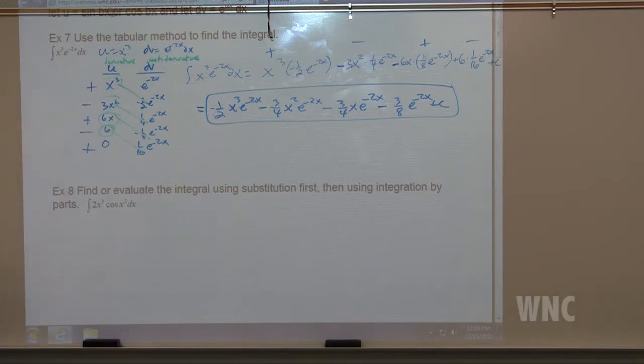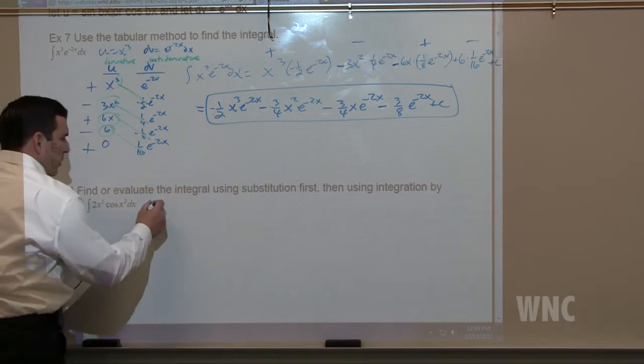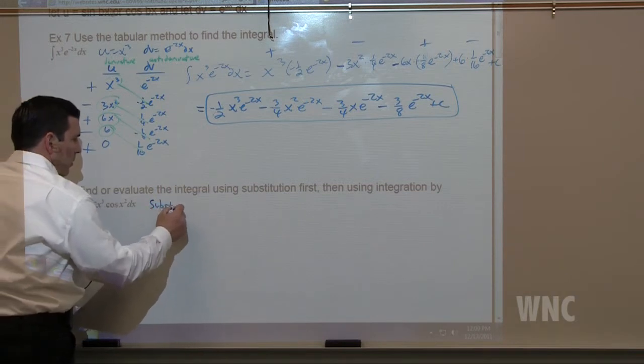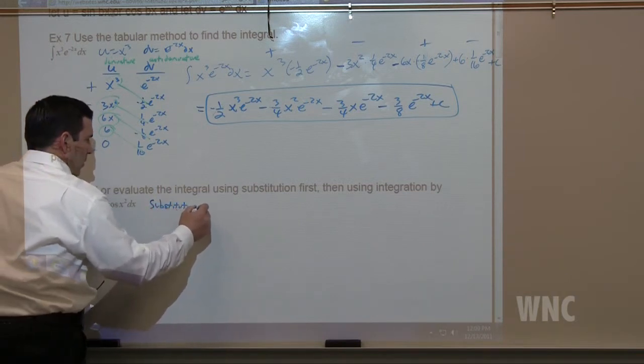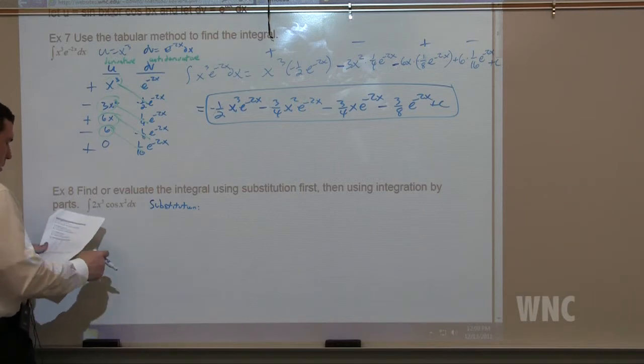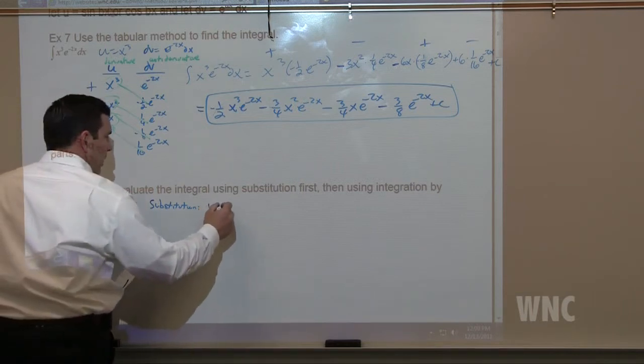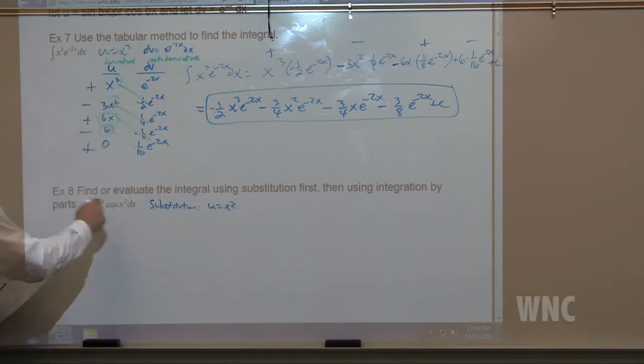Our last example from this section says evaluate the integral using substitution first, then using integration by parts. So for substitution, we could say u equals x squared. Why x squared? Because that's what's inside the cosine.